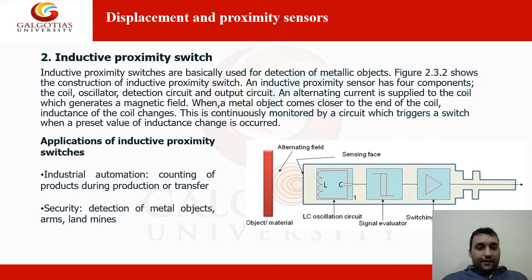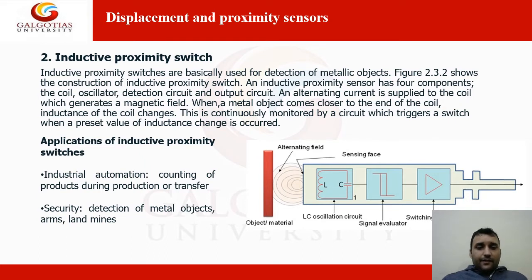When the magnetic field is generated across this LC oscillation circuit and the object comes closer, the inductance changes. The LC oscillation circuit gives its output to the signal evaluator, which evaluates the signal against a preset value.